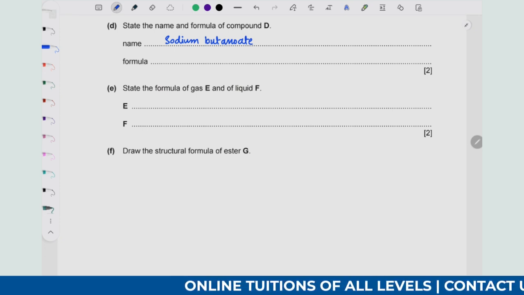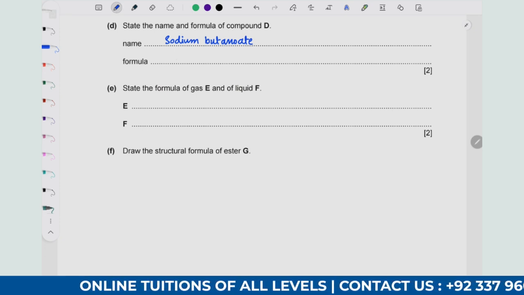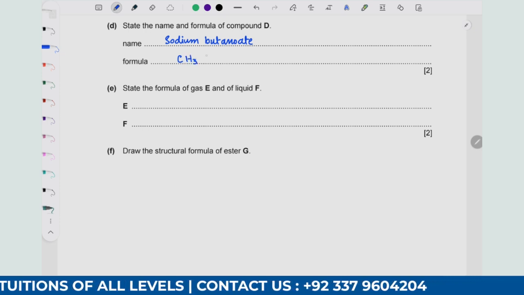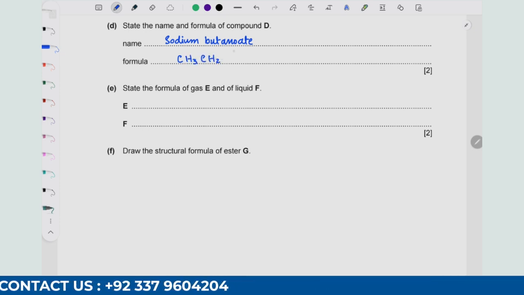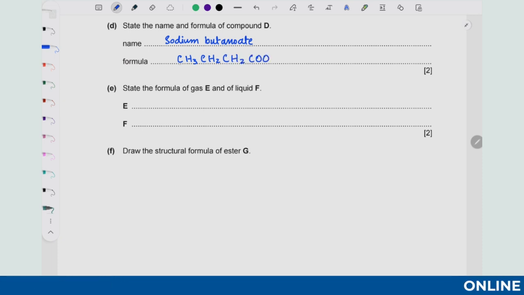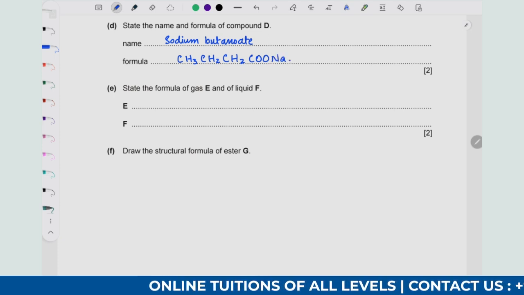And the formula of compound D will be CH3CH2CH2COO, so that's 4-carbon, that is butanoate, and so there is our sodium butanoate.